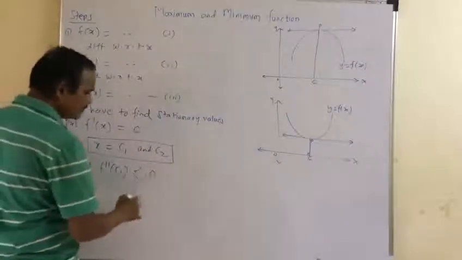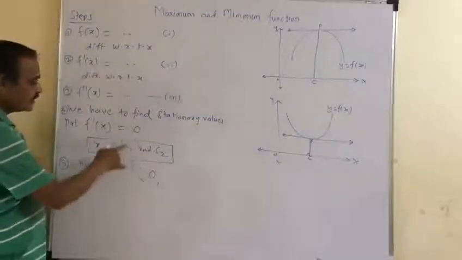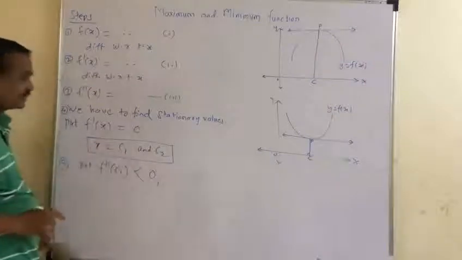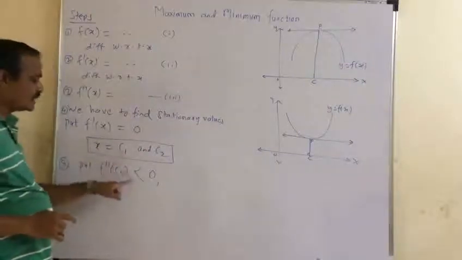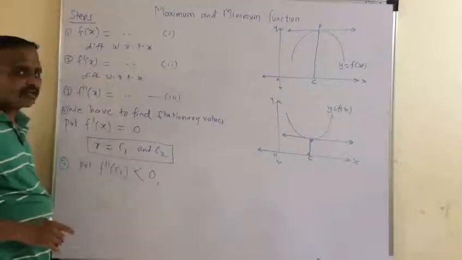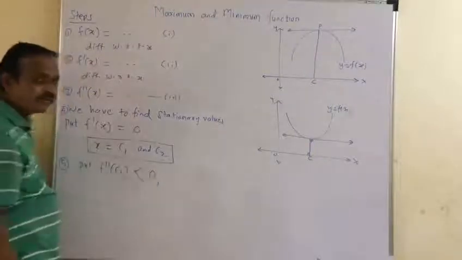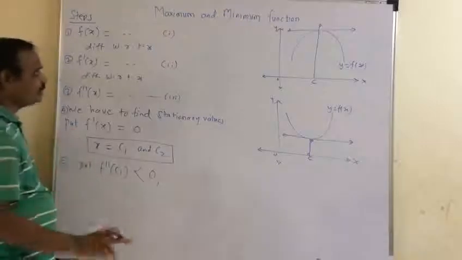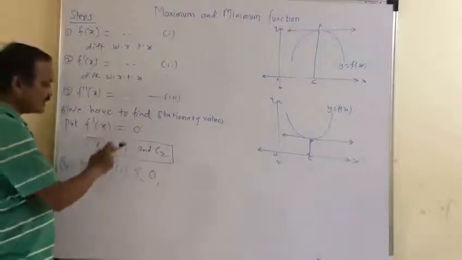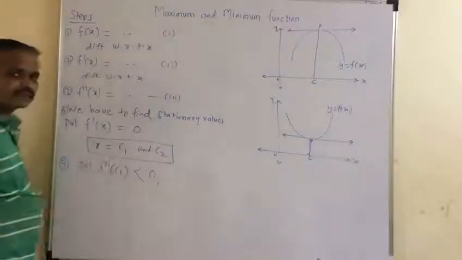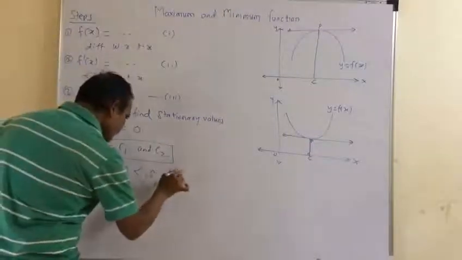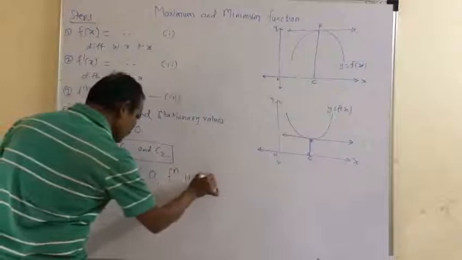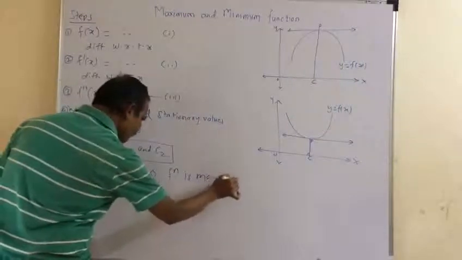Therefore the function is maximum at c1. If the second derivative at this value is less than 0, then the function is said to be maximum at x is equal to c1.